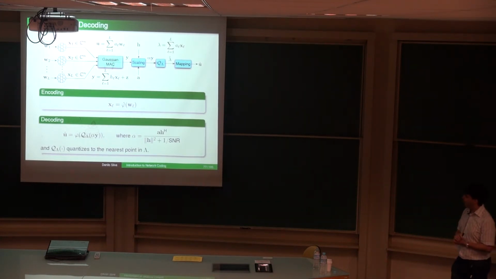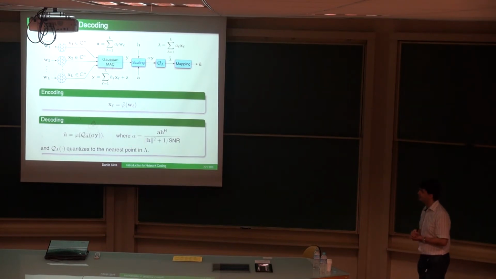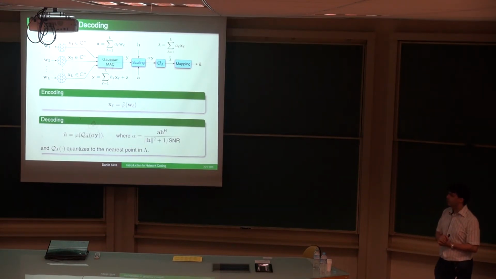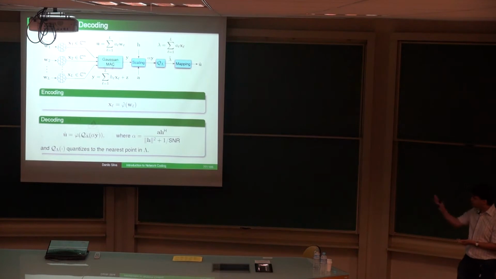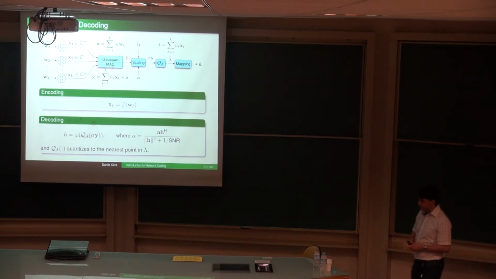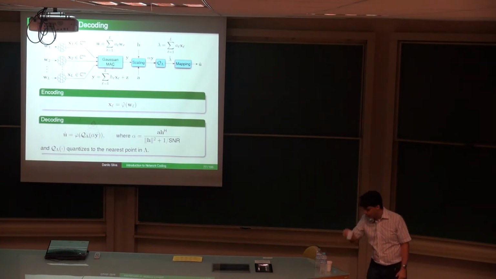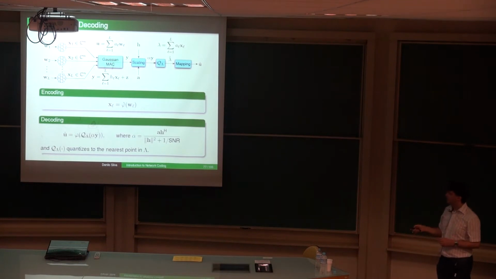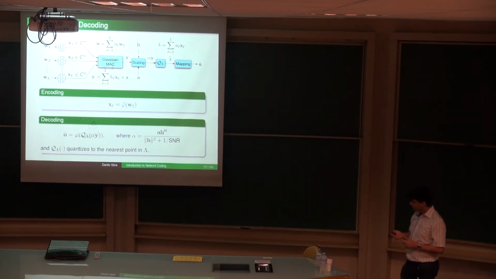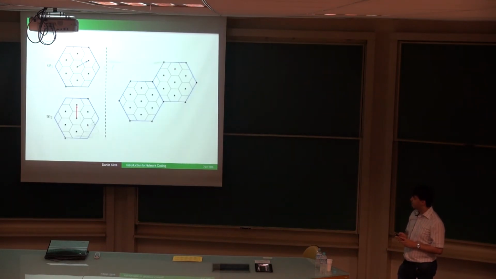The scaling is a very clever trick that was originally proposed by Erez and Zamir, and then Nazer and Gastpar extended this trick to this problem. So we'll see why this alpha is useful. But for now, just think of the decoding operation as lattice decoding followed by this mapping, this labeling to figure out your messages.